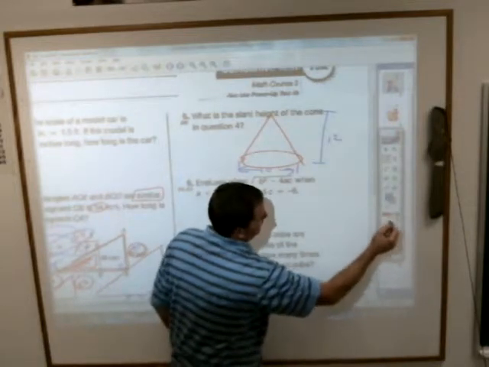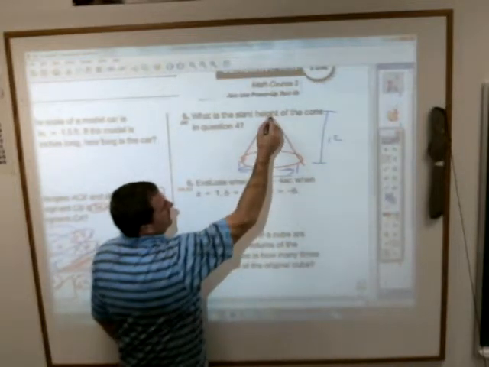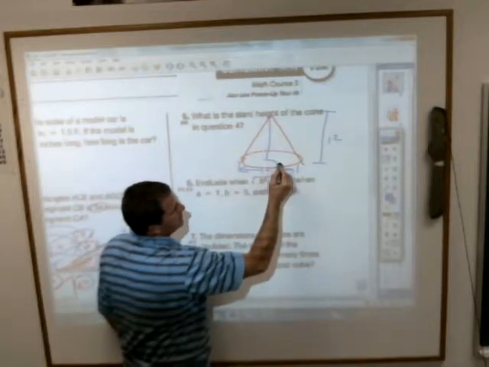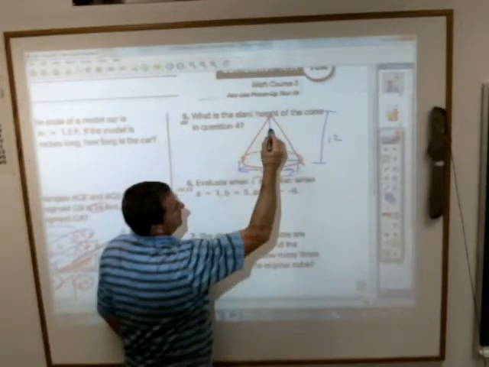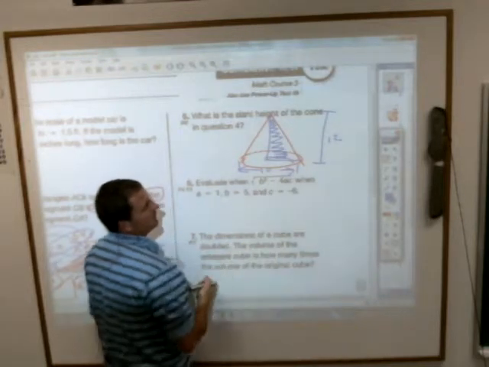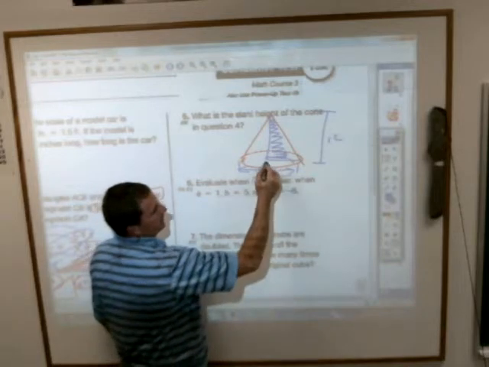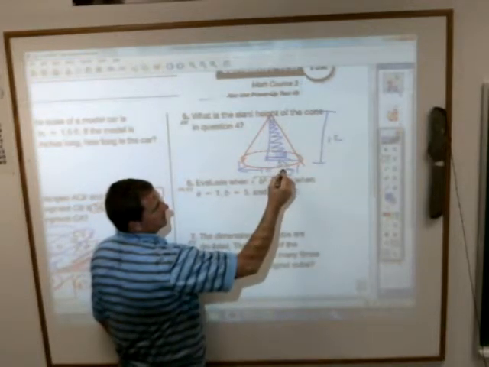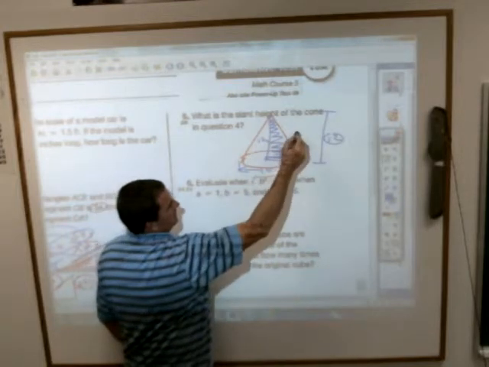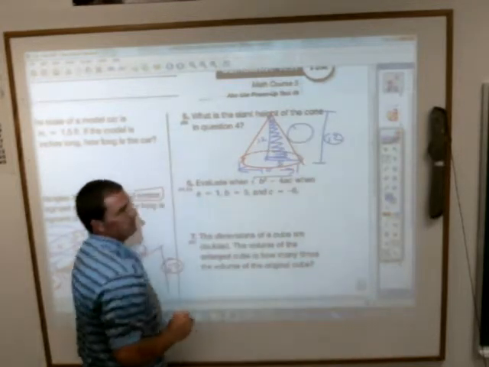Pretend like you have a cross section of this cone and make a right triangle that goes right down to the middle, straight across to the edge. So here is a right triangle in the middle of that cone. We know that halfway through is 5. We know that the height from bottom to top is 12, and the slant height would be the hypotenuse of that triangle.